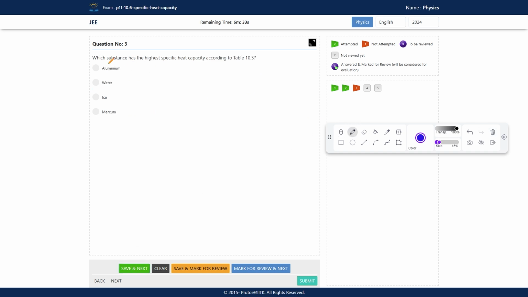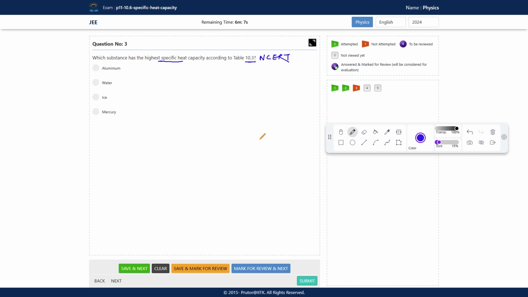Third one: which substance has the highest specific heat capacity according to table 10.3 in NCERT? First aluminium, second water, third ice, and fourth mercury. Which one is correct? Which substance has the highest specific heat capacity?